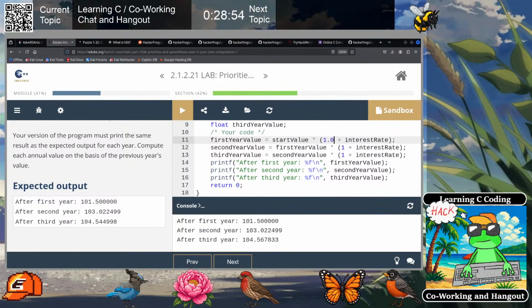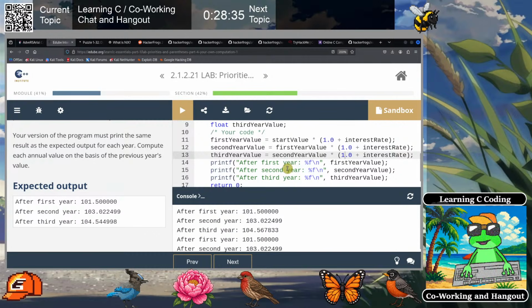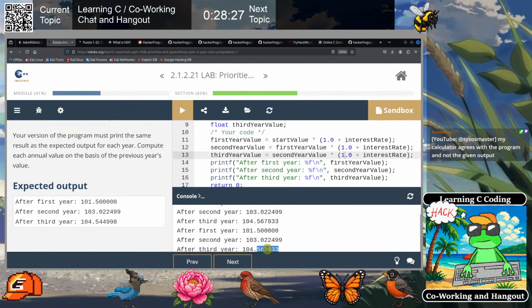I mean, we could also define this explicitly as a float, though I don't know if that does anything different. We'll try running it again. Yeah, we still have the wrong value for the third year.